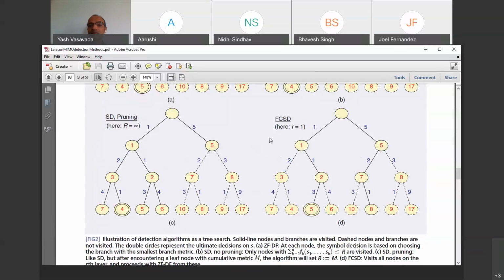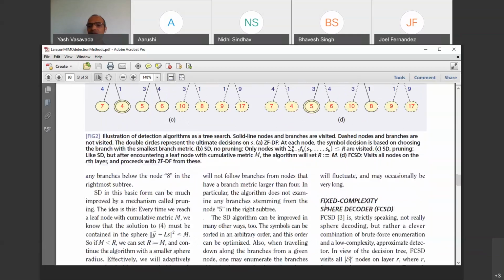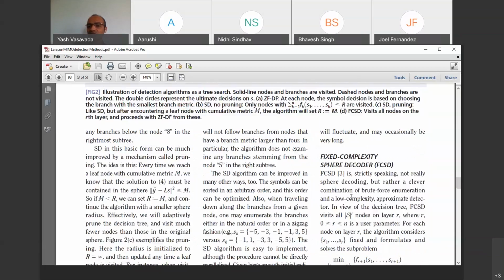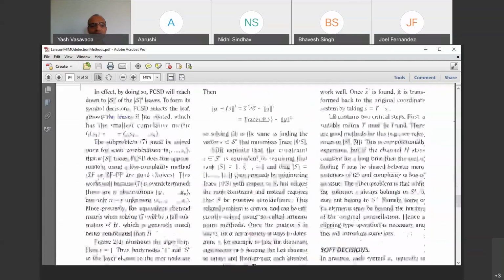Then there is the last algorithm, which is called, I think, finite complexity sphere or fixed complexity sphere decoder, which is actually not a sphere decoding at all, but it's a combination of brute force, and then subsequently, after brute force, we do simply the decision feedback.